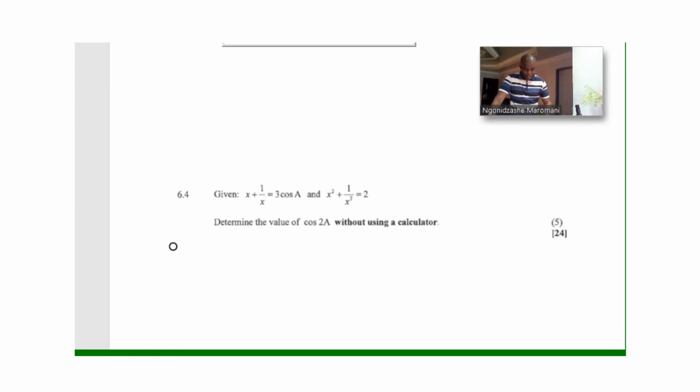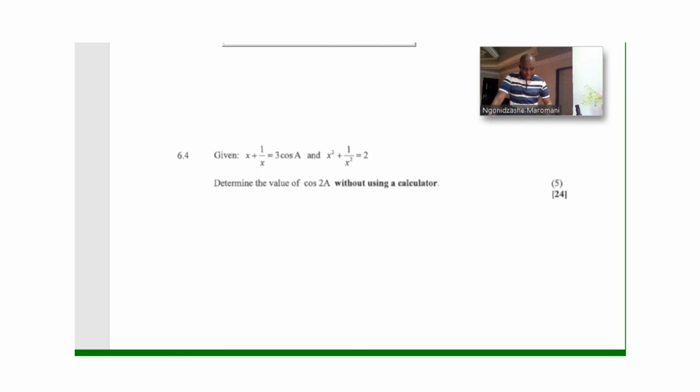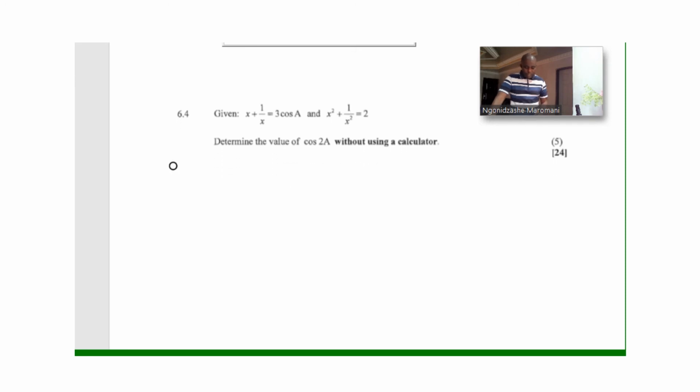It says given that x plus 1 over x is equal to cos a, and also x squared plus 1 over x squared is equal to 2, determine the value of cos 2a without using a calculator.